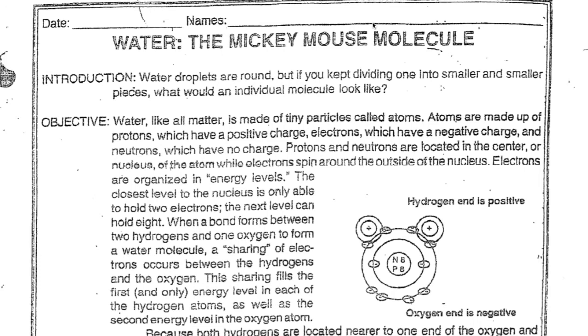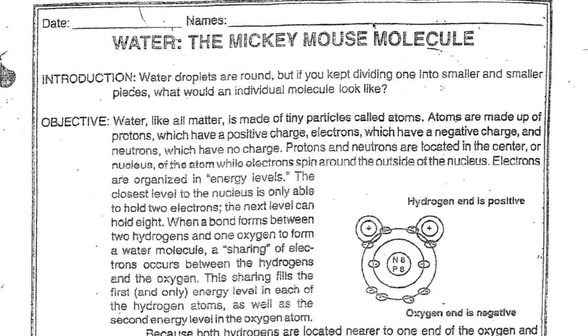When a bond forms between 2 hydrogens and 1 oxygen to form a water molecule, a sharing of electrons occurs between the hydrogens and the oxygen. This sharing fills the first and only energy level in each of the hydrogen atoms, as well as the second energy level in the oxygen atom.